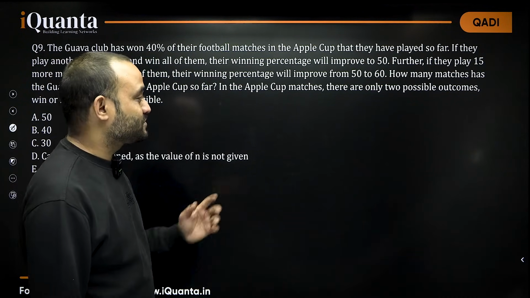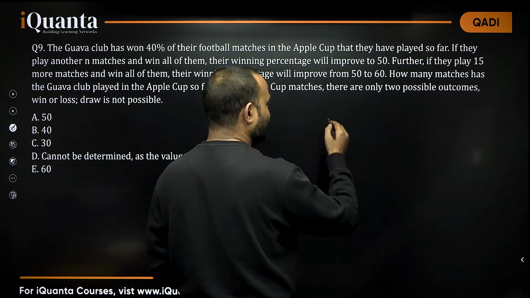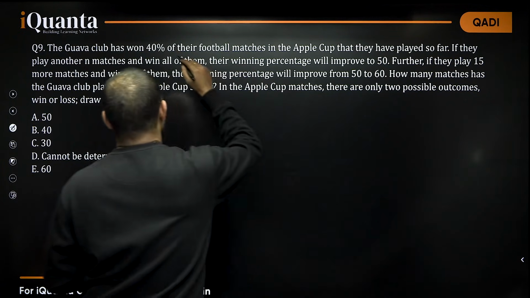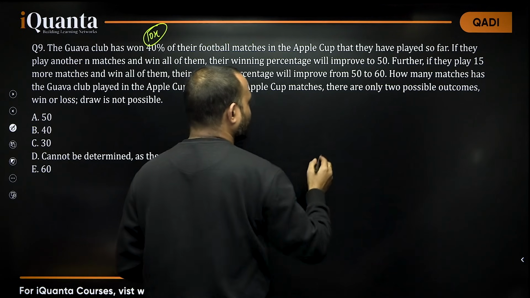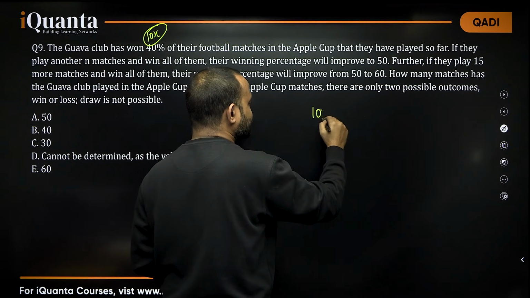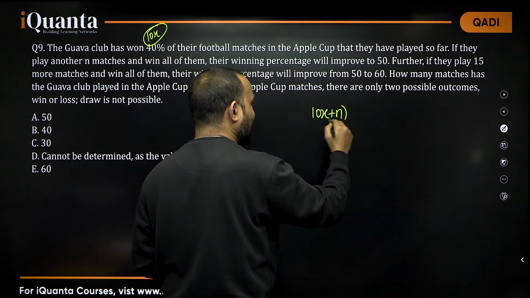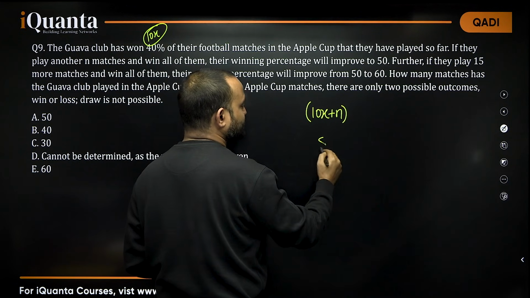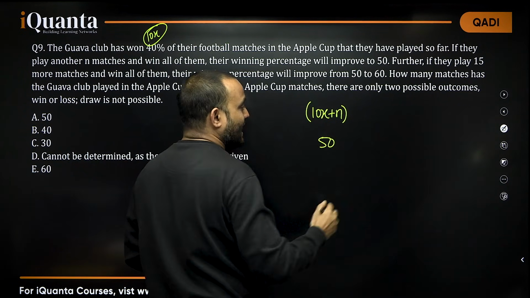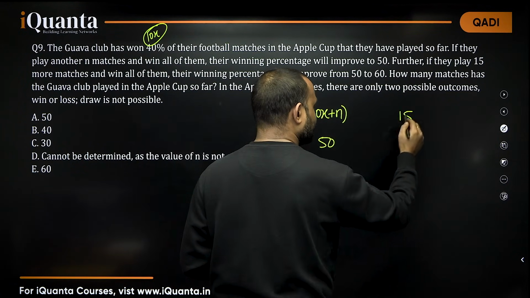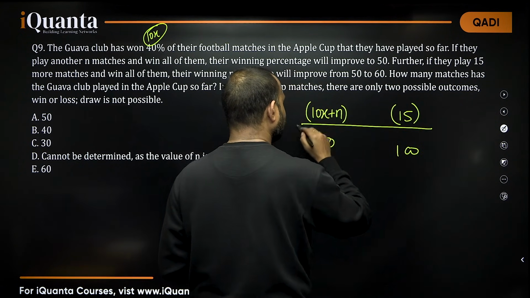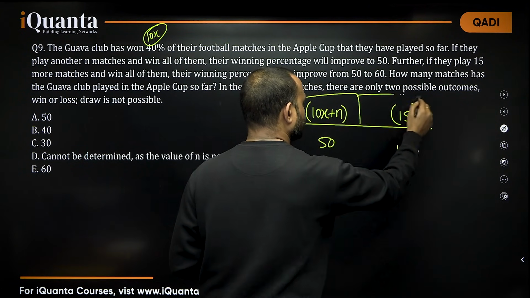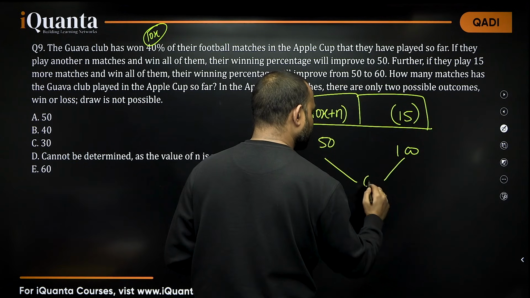How is that possible? See, we have total initially, let's say 10X matches, just to avoid confusion. So when this team has played 10X plus N matches, the winning percentage is 50, right? And the remaining 15 matches, the winning percentage is 100. And taking these two together, we are getting 60%.